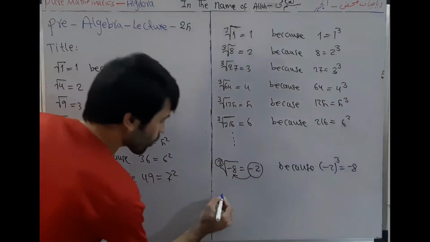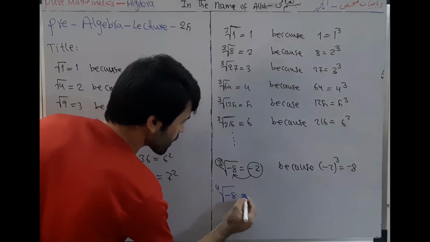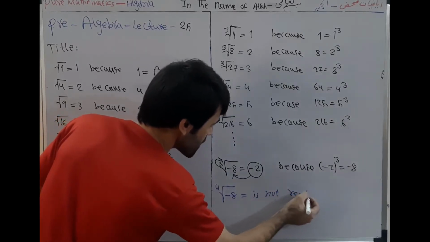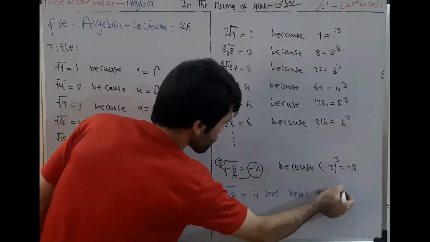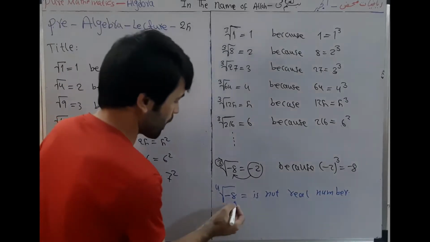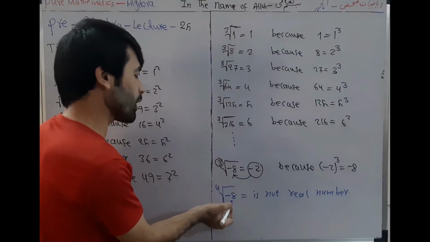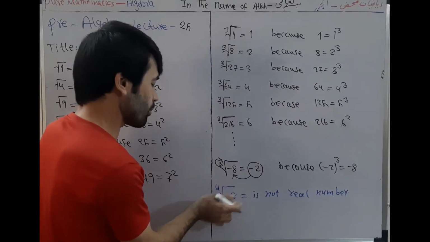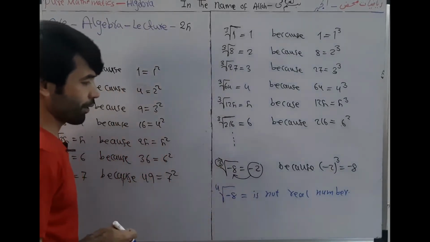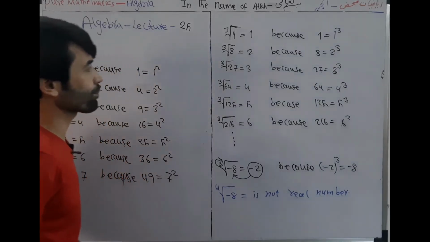But consider the fourth root of minus 8, it is not a real number, because we cannot find any real number which multiplied 4 times gives us minus 8, or whose product should be minus 8. For this reason we say that it is not a real number.